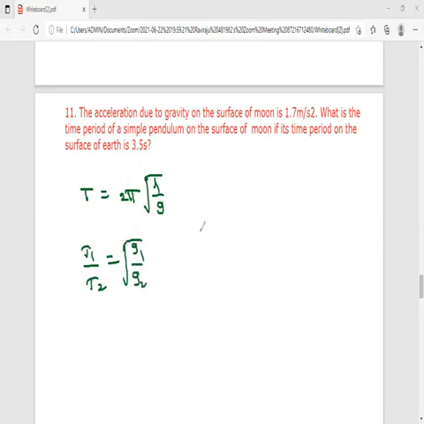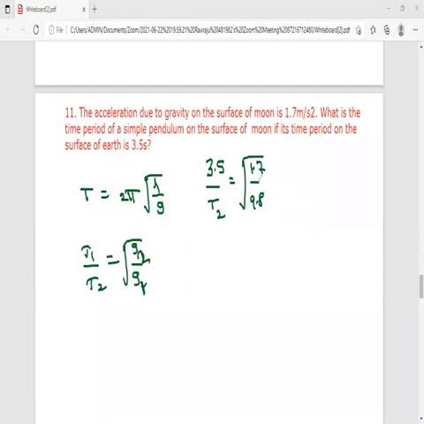I will consider the first case for Earth and second case for Moon. In case of Earth, the time period of simple pendulum is given 3.5. In case of Moon, you have to calculate the time period. For Moon, the G value will be 1.7 and this will be 9.8.